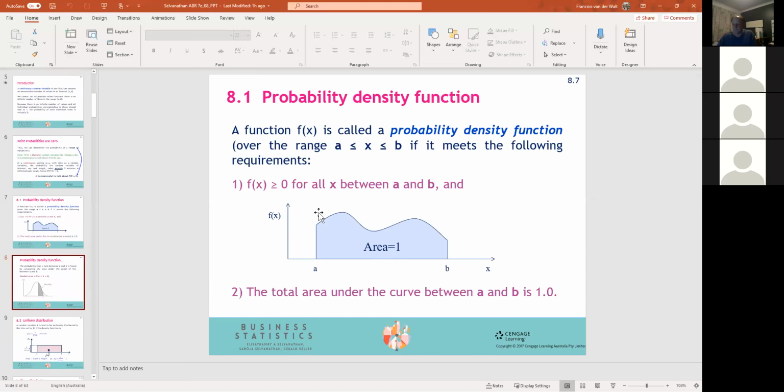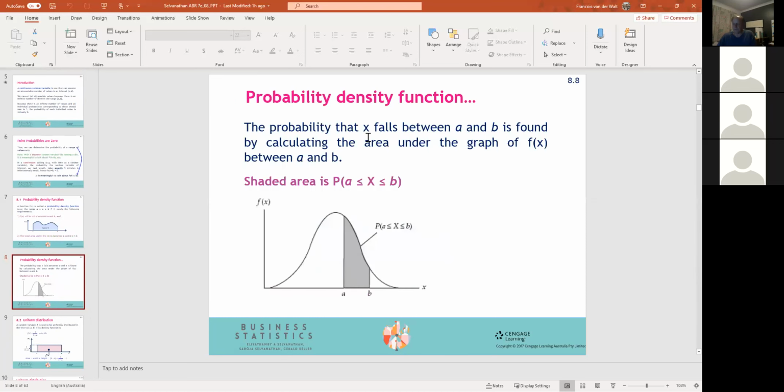The probability that x falls between two values, A and B, is again this surface area between, and if I know the function f(x), I can actually calculate that. It's relatively simple with maths.